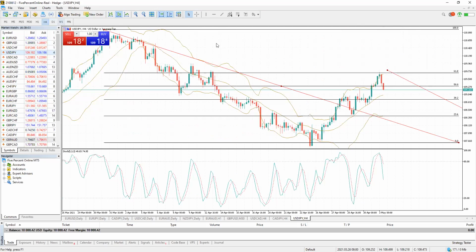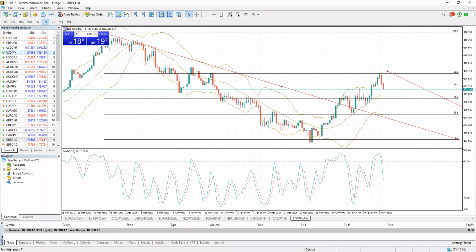I think you could already remove it, it depends. I think you should remove the stop loss when we block this kind of trend line, the H4 trend line.